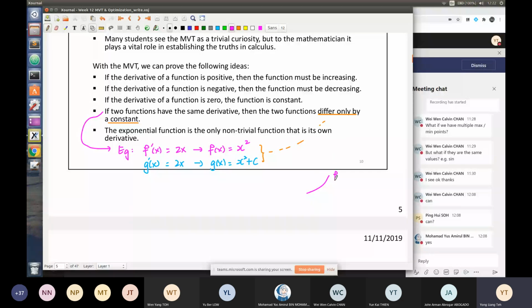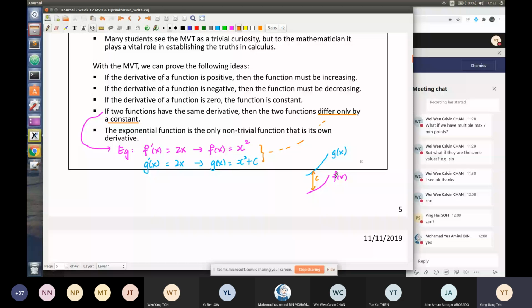Then my g of x is just differing by a constant c. Where's the c? The c is here. Everywhere differs by c, because g of x is just f of x plus c. Let's say c is positive, so g of x is above f of x.